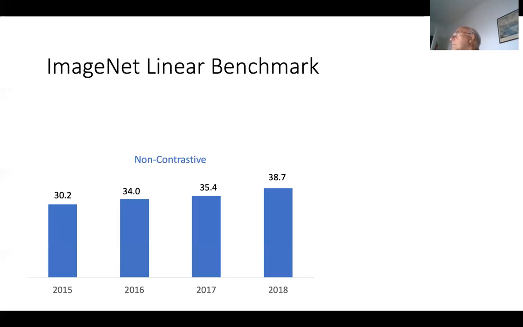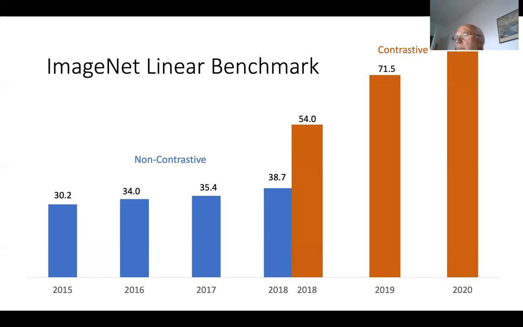So this is the progress before contrastive learning. You can see we are making steady progress, but it's pretty slow. And in the year of 2018, contrastive approaches jump in, and then it improves the state of the art very quickly.